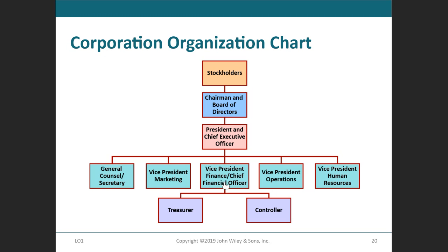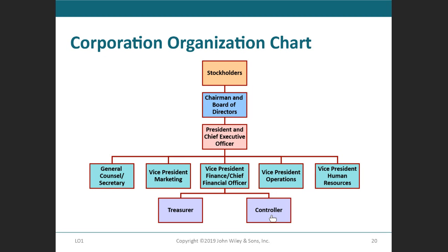And under the finance VP, you have the treasurer, who's in charge of the funds of the company, right? So all the funds are under the treasurer's control. The treasurer signs the ultimate disbursement authorization, and the controller is the head accounting officer.